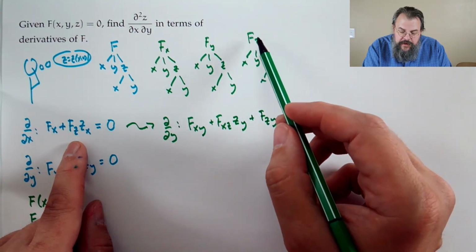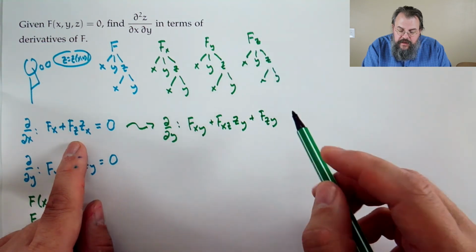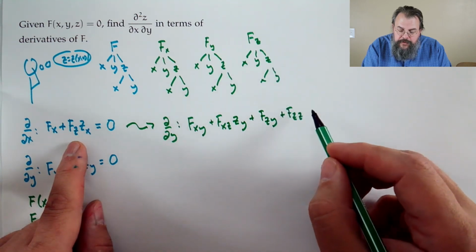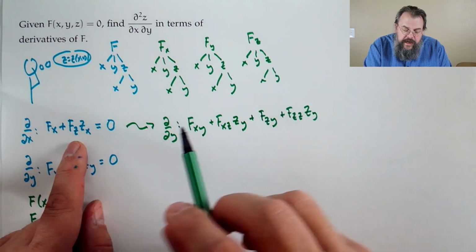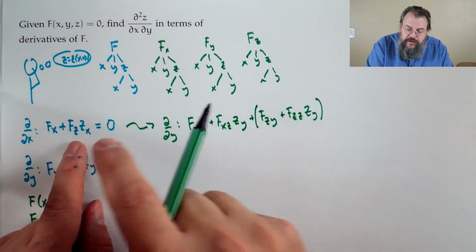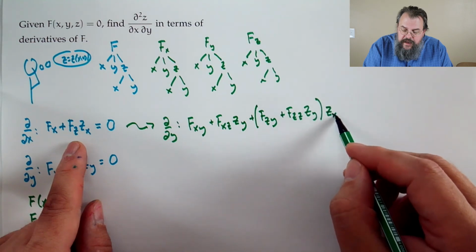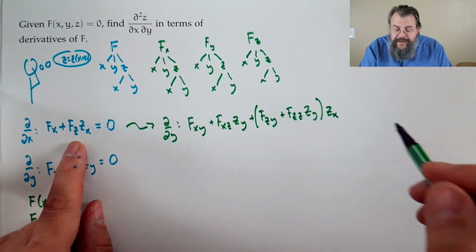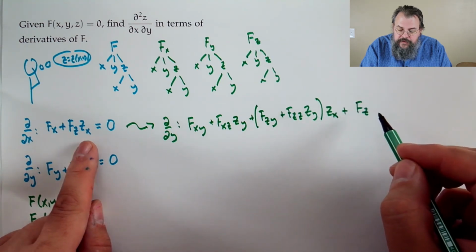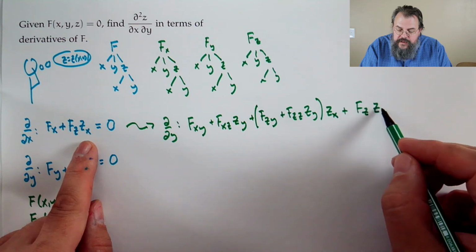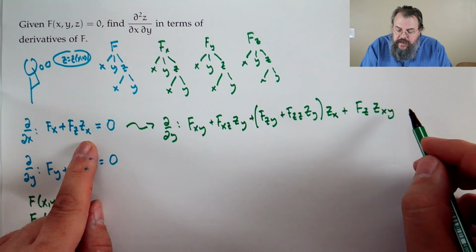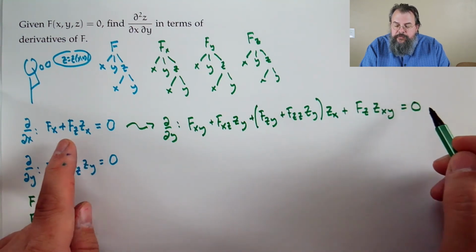And then we're going to have f z with respect to z times the derivative of z with respect to y. Now, that is the derivative of f z with respect to y. And we're doing a product rule, so that's multiplied by z x. To this, we add the first term, f z, times the derivative of z x with respect to y, which is z x y. And now set that equal to 0.